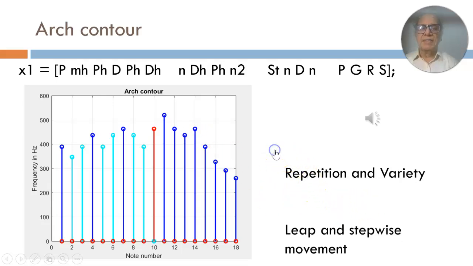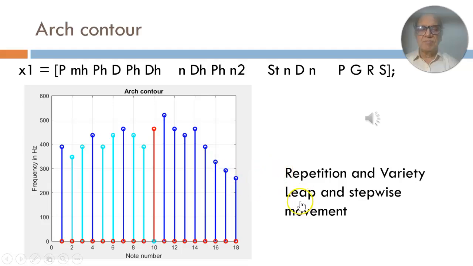Another technique you should note about the composition is that you have what is called a leap and a stepwise movement. Stepwise movement means it's a smooth movement. You go from one note to the next note, either up or down. So from here you go from Pancham to Madhyam, again from Madhyam to Pancham, from Pancham to Dhaivat. So you are going up or down by one note only.